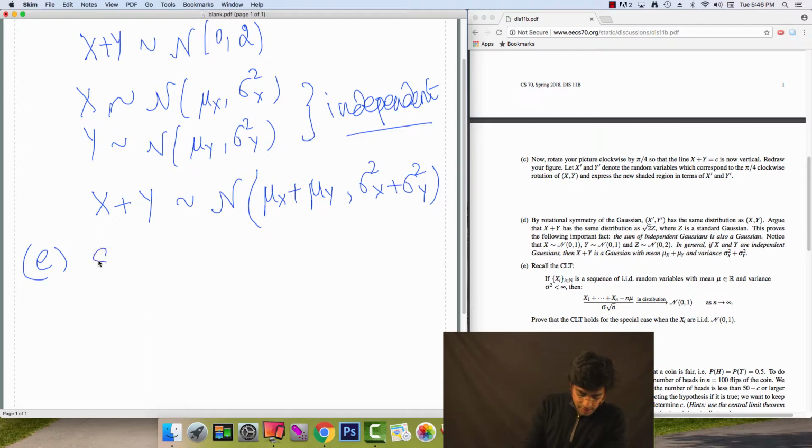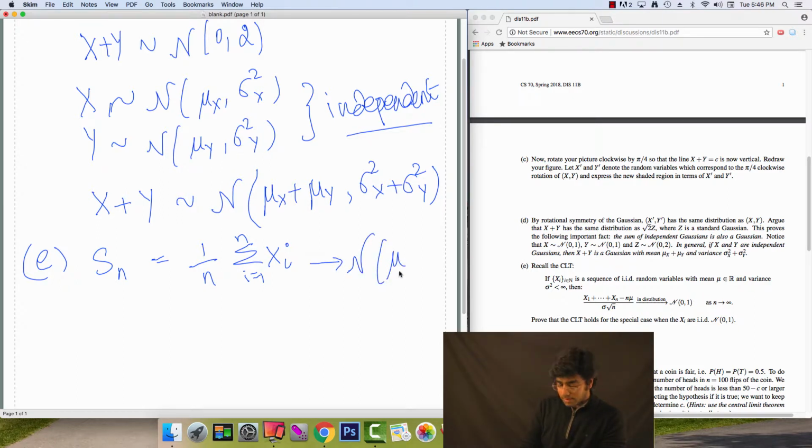And in particular, S sub n, which is defined to be this quantity, which is just the sum of n entries divided by n, will tend to a normal distribution with the mean and the variance changing with 1 over n.